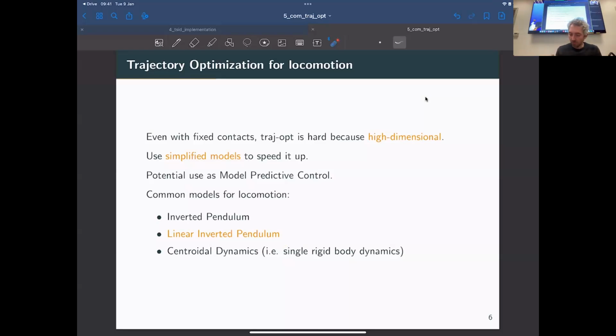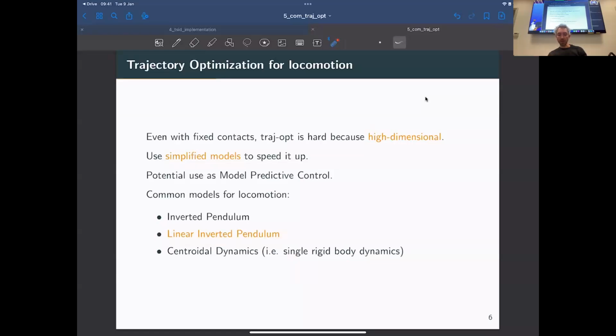So what people did in practice is that for bipedal locomotion, especially on flat ground, the linear inverted pendulum works very well, and so people tend to use that. If you want to move to more complex locomotion styles where you're also using your hands, and maybe you're not walking on a flat ground, but you're climbing stairs up and down and doing more fancy stuff, then it would be better to switch to the single rigid body dynamics model, which is a bit more accurate.